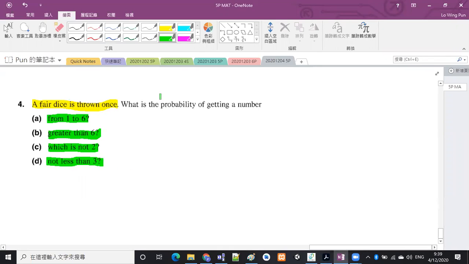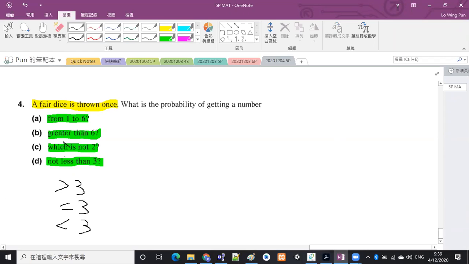Not less than 3. 嗱，呢度講一講先，咩為之 not less than 3咧？我哋有幾個可能性嘅，sorry，can be larger than 3, can be equal to 3, can be smaller than 3.